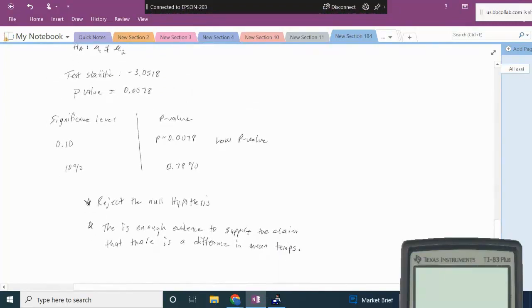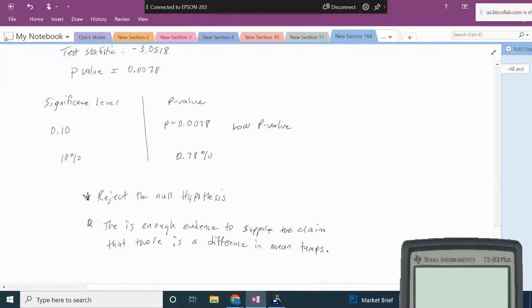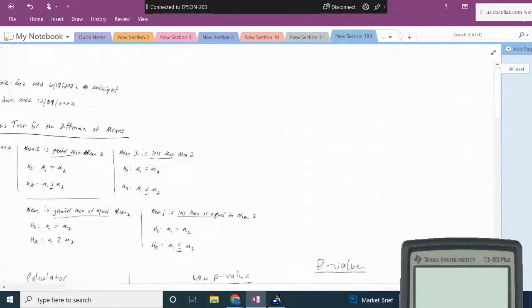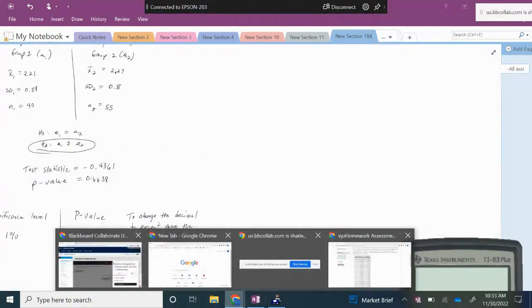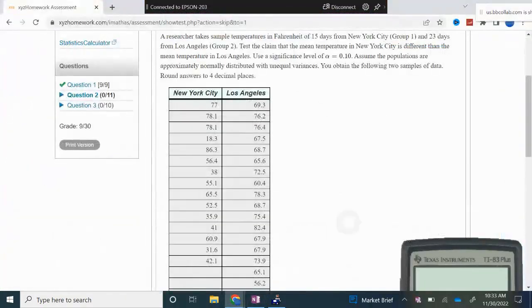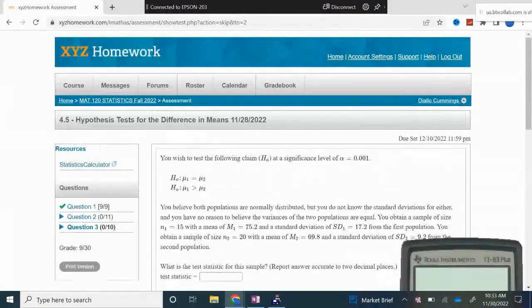All right, so any questions about that problem? All right, and in the last problem, it's going to be similar to the first problem.